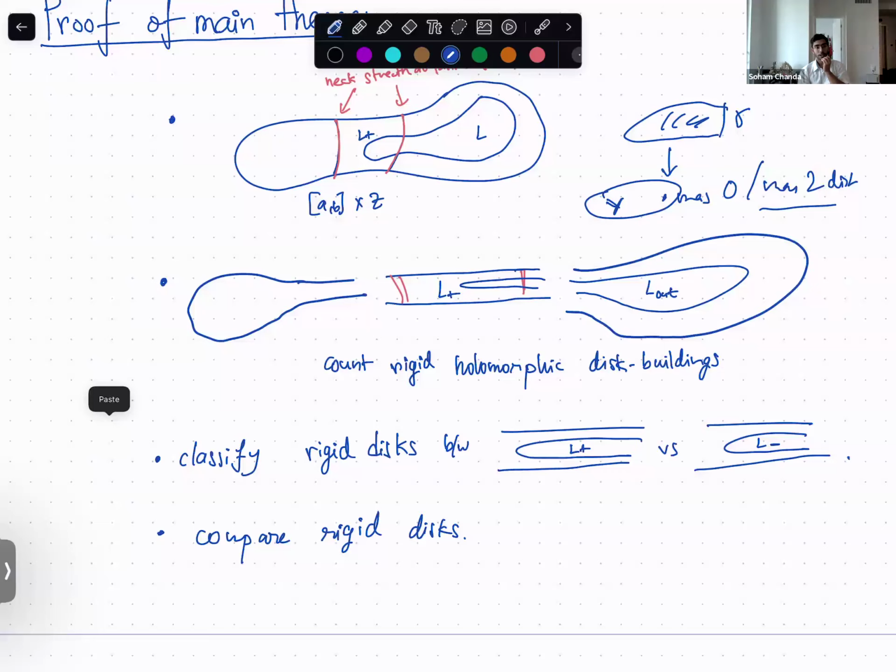Sure. But it cannot have positive energy because you have monotonicity. A bubble cannot form because every bubble with positive energy has to be of Maslov 2, but you're starting from a Maslov 2 disk. I see.